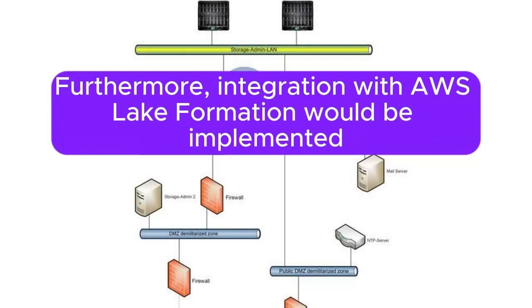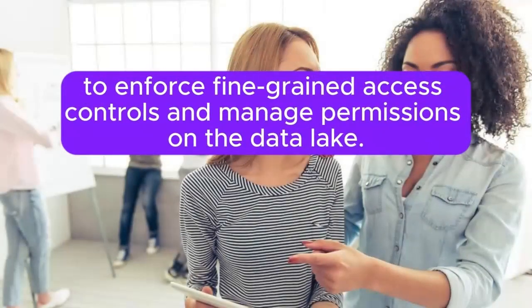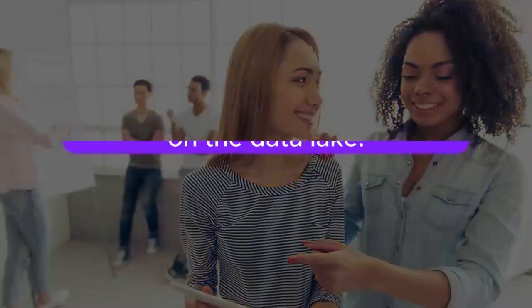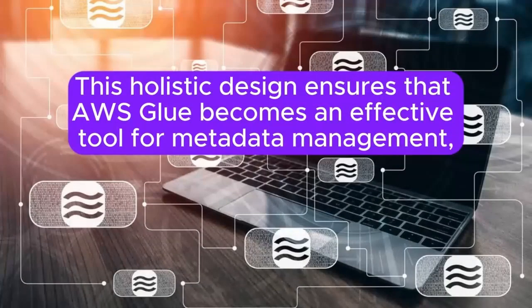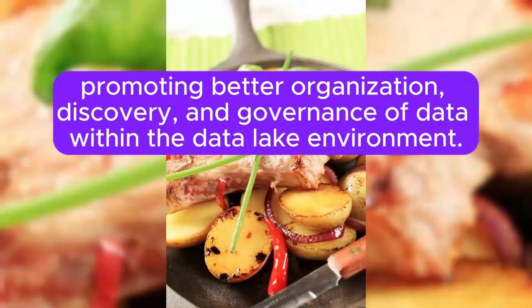Furthermore, integration with AWS Lake Formation would be implemented to enforce fine-grained access controls and manage permissions on the data lake. This holistic design ensures that AWS Glue becomes an effective tool for metadata management, promoting better organization, discovery, and governance of data within the data lake environment.